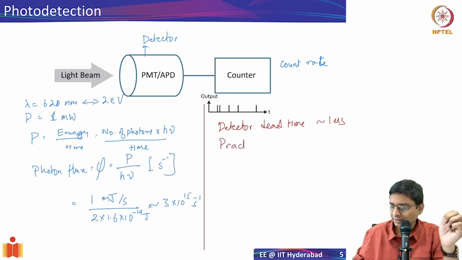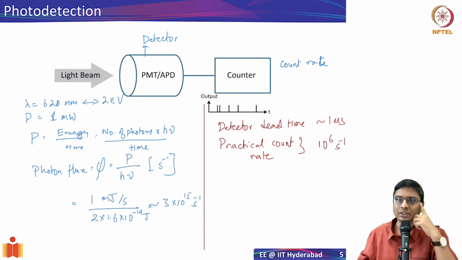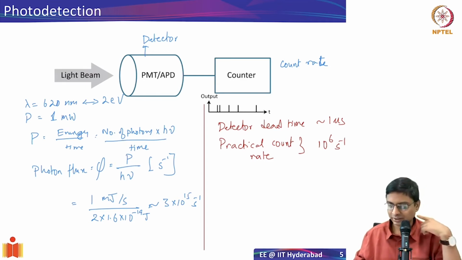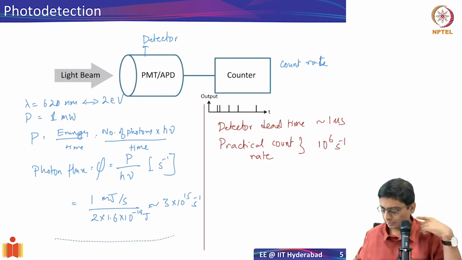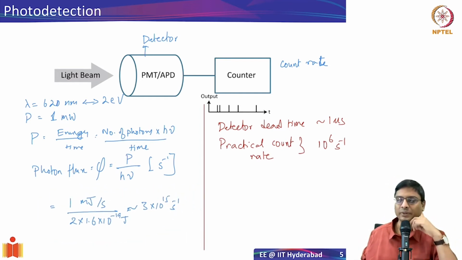So the practical count rate is 1 over that. Typically you can do 10 power 6 photons per second. That's what you can do. You can't detect more than this. But we saw that here 1 milliwatt of beam has a photon flux of 3 into 10 power 15. How do we overcome that?